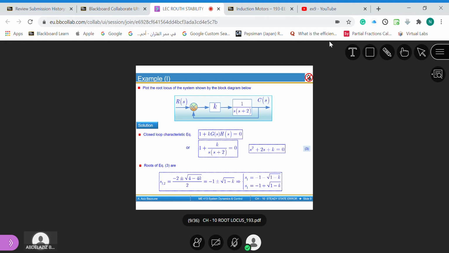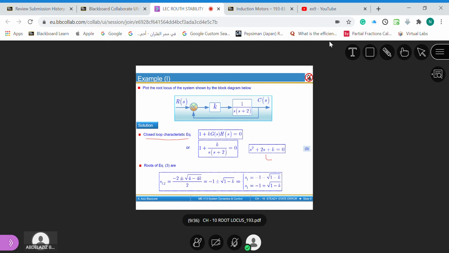If we have a situation like this, unity feedback, G of S is given by this, and we have K here. The closed loop characteristic equation will be 1 plus K G of S H of S, or 1 plus K over S times S plus 2, which gives S squared plus 2S plus K. If we solve this equation, it will be in terms of K. Of course, K here is a parameter.